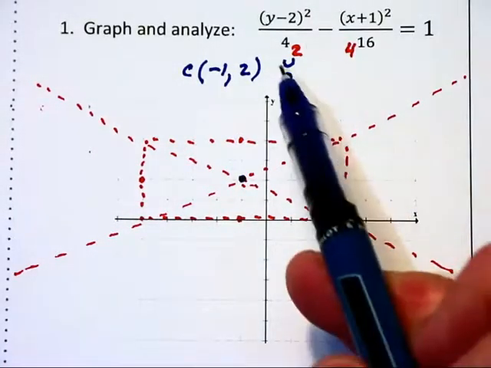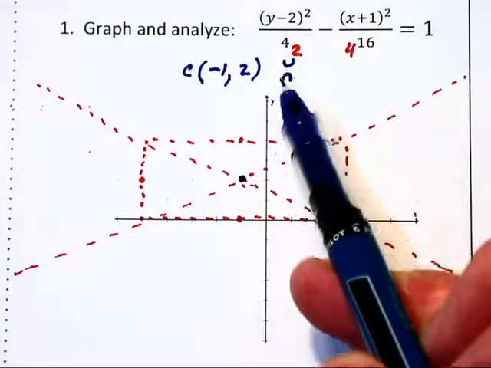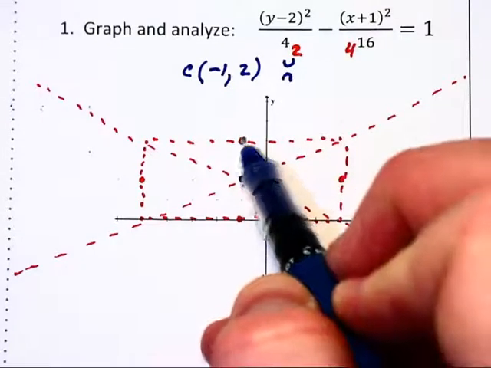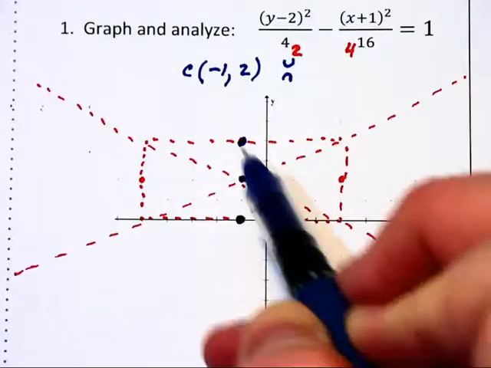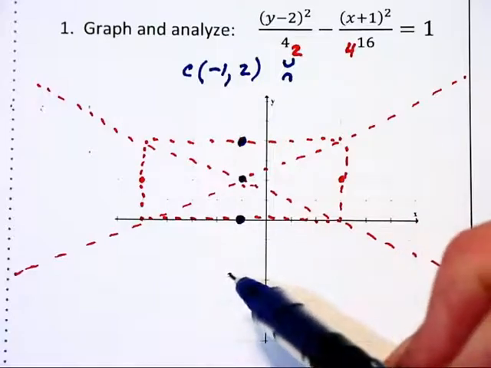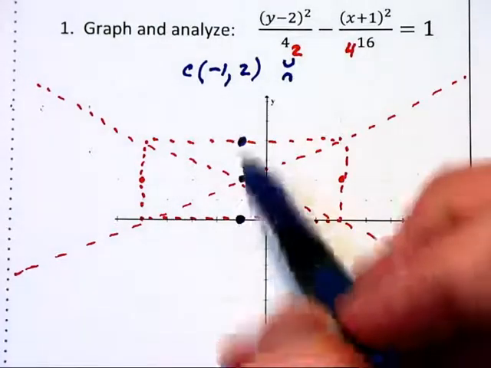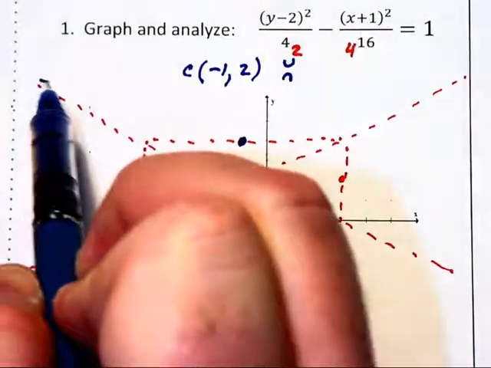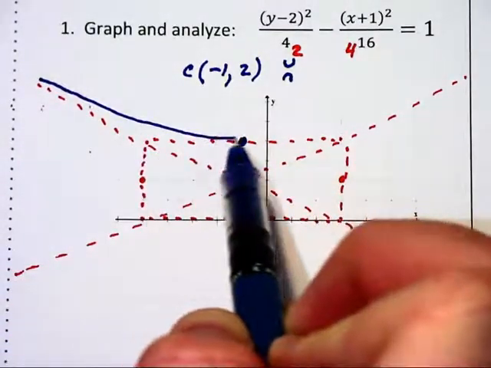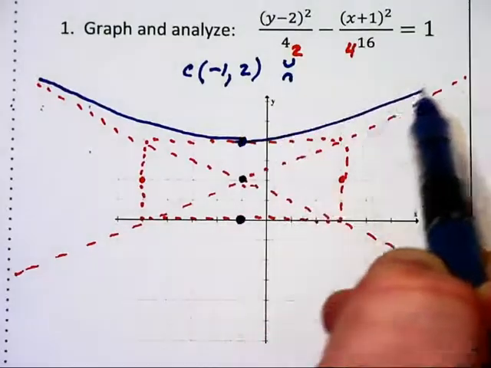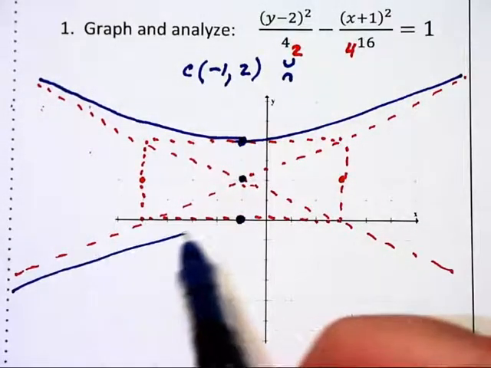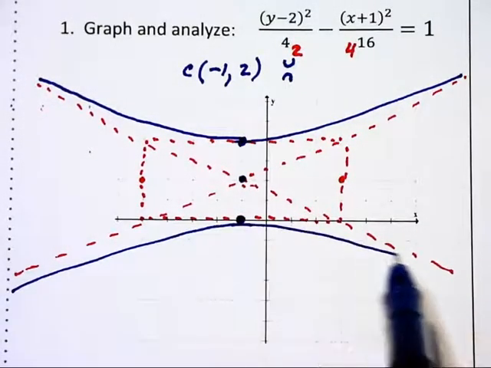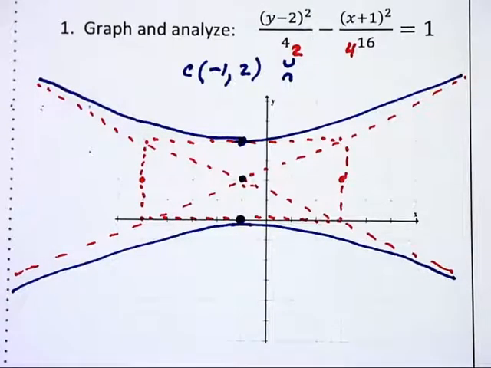And since we've already said that this hyperbola opens upward and downward, we're going to start at the 2 points above and below our center, which are located on the box we've drawn, and then we're going to draw in our curve, allowing the asymptotes to be our guide. So there's our upper curve, and here comes our lower curve, going through and touching the box at those vertices.